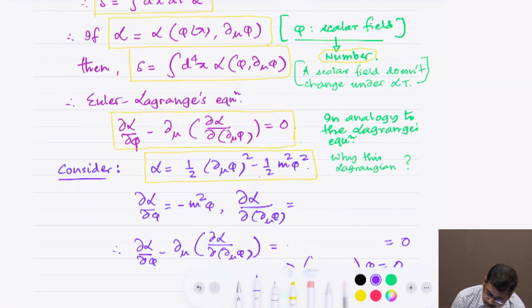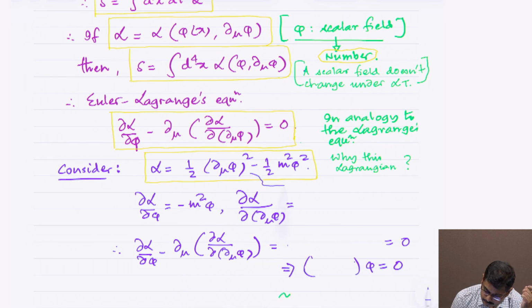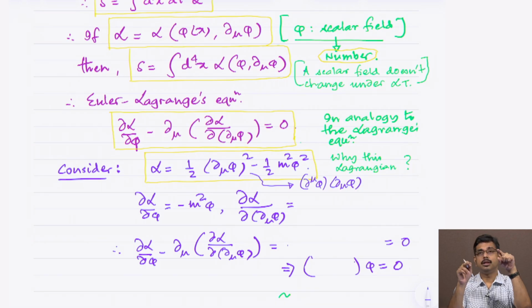This basically means del mu phi del mu phi. Okay. So, once again the mu is repeated and contracted, it is a dummy index. Suppose this is the Lagrangian, what is the corresponding equation of motion?